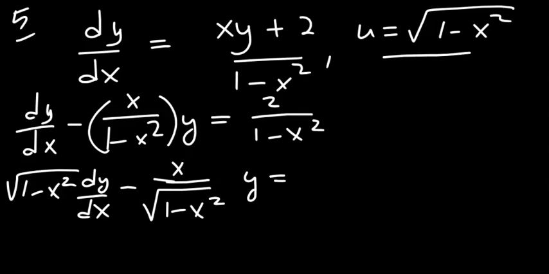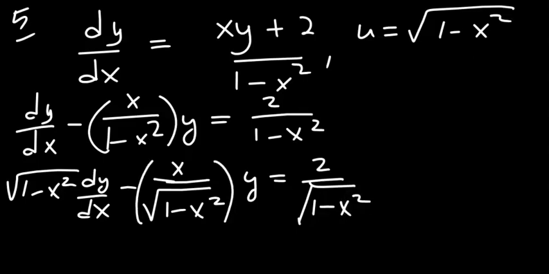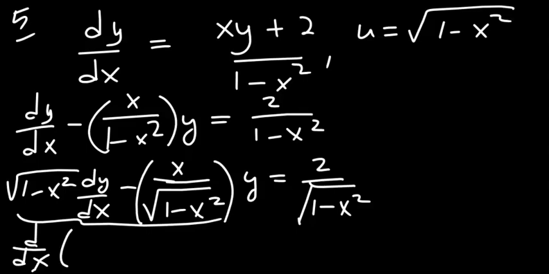The right-hand side is 2 over, again, square root 1 minus x squared. Let's put a bracket there. One can see that the left-hand side can be expressed in an exact form in the following manner. It's just d/dx of square root 1 minus x squared times y.